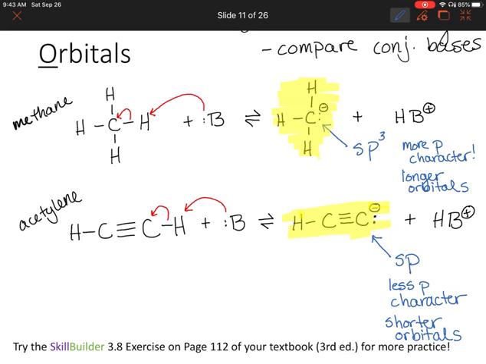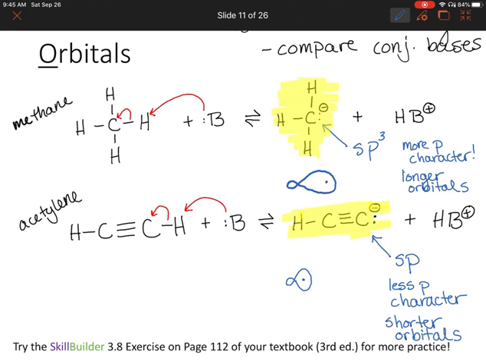All right. So now let's think about if we have an electron in an sp3 orbital. So let's draw an sp3 orbital versus an sp orbital. And we have an electron floating around. Would an electron in an sp3 orbital be closer to the nucleus compared to an electron in an sp orbital?